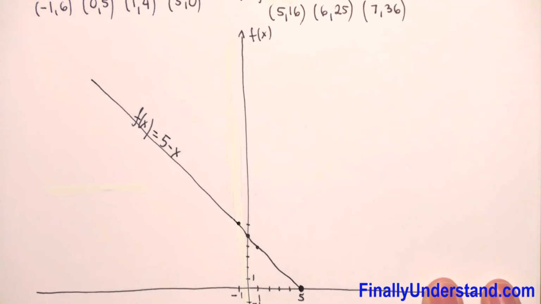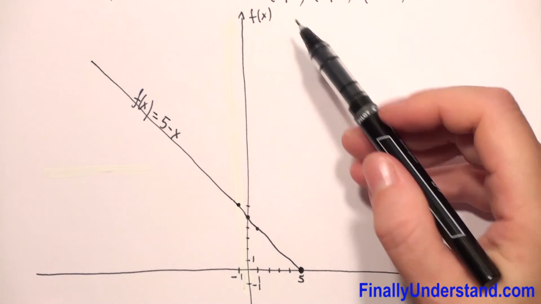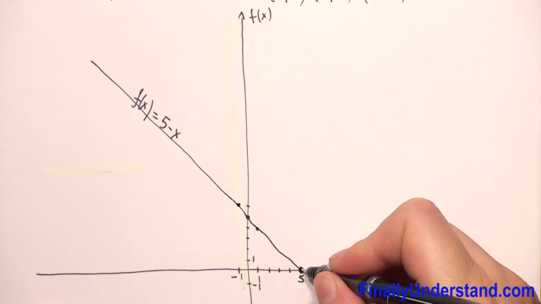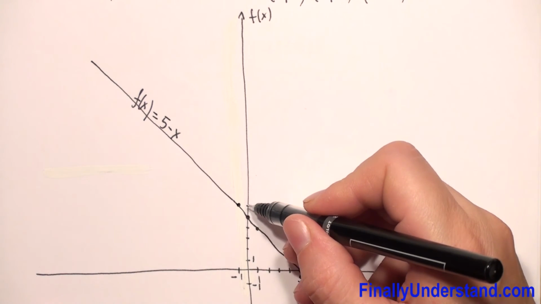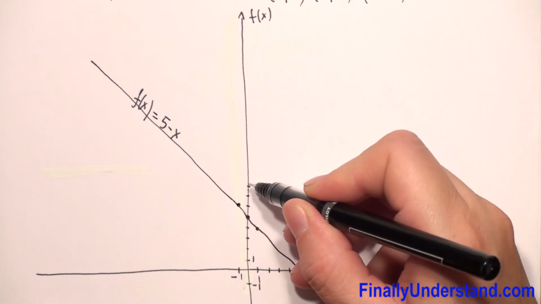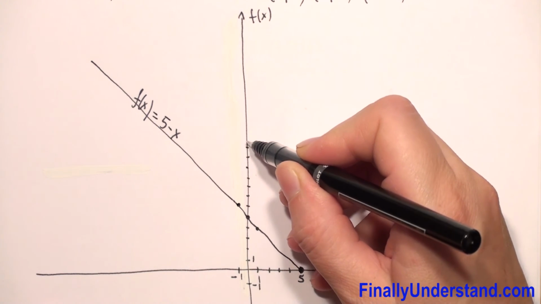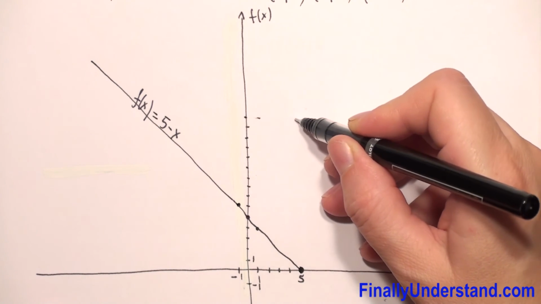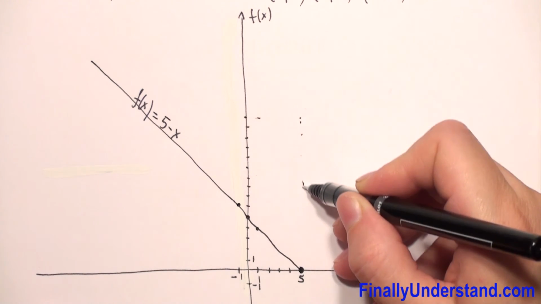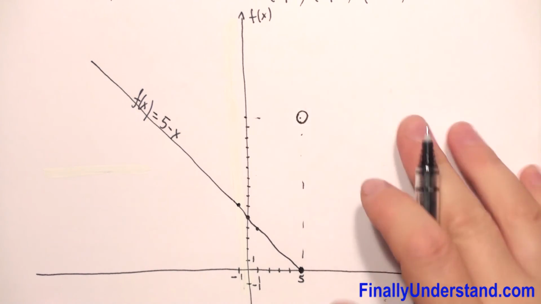Now we have to draw the second part. We have the point (5, 16). For 5, we have value 16. We know that this point doesn't belong to the graph of our function.